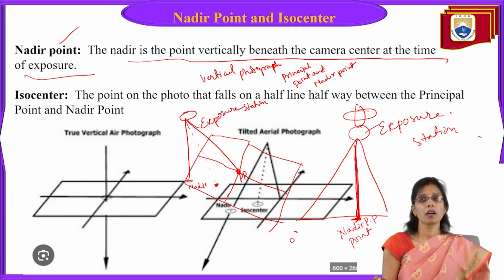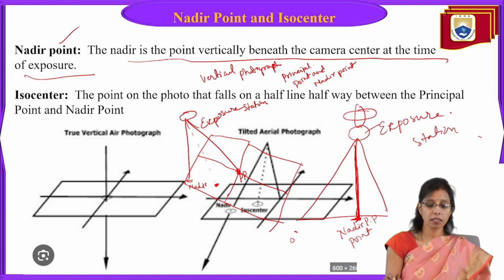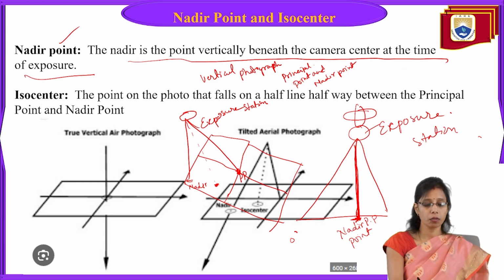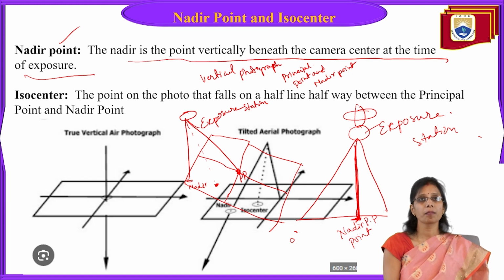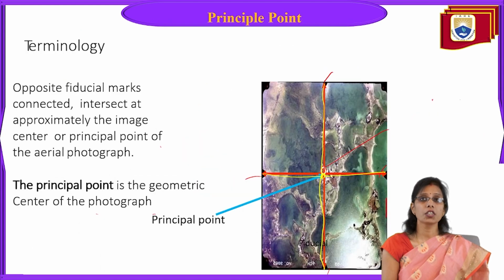When you join all four fiducial marks, you'll get a center called the principal point. What is nadir point? Nadir point is exactly beneath the camera. The ground exposure exactly beneath the camera is called the nadir point, whereas isocenter is the point on the photo that falls halfway between the principal point and the nadir. These are the different terms we have to understand before we understand the geometry.